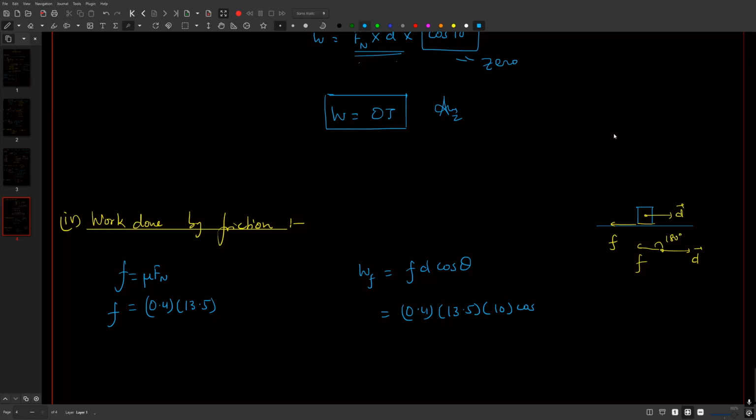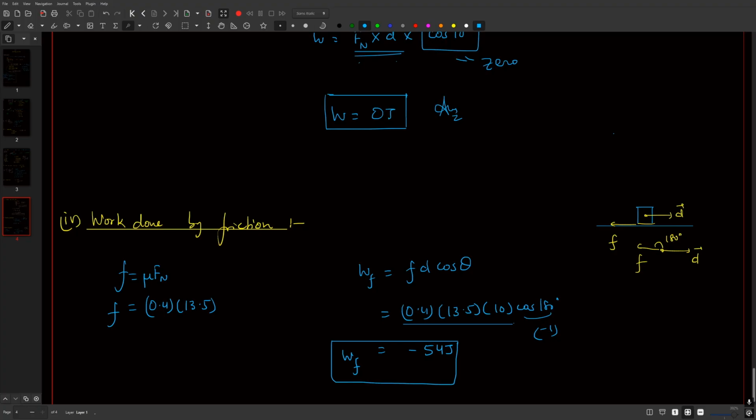So this is cosine 180 degrees. You can simplify this cosine 180 degrees as mentioned before. This is -1. So it will come out to be minus 54 joules. Negative because there is cos 180 degrees there. That's why negative.